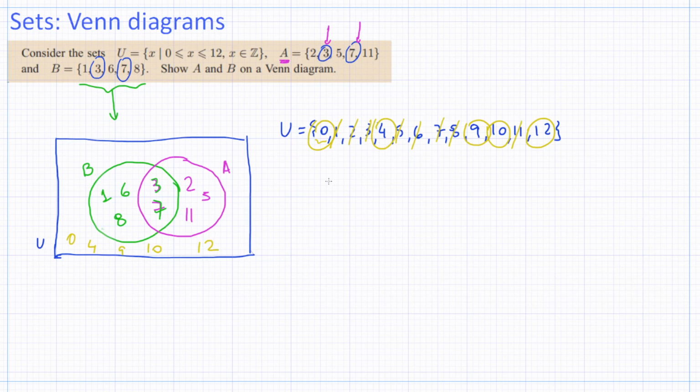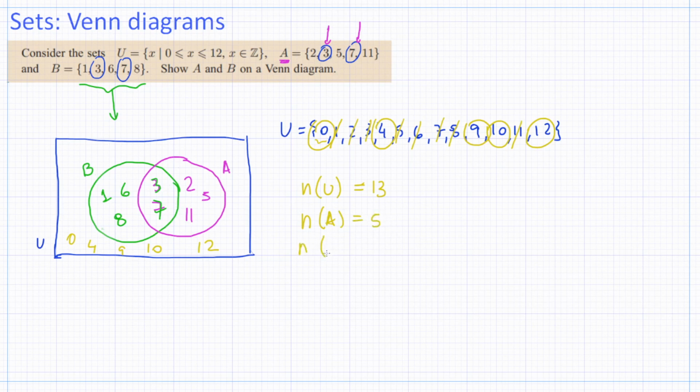Again, if we look at the number of elements, what is the number of elements in our universal set? So 3, 6, 9, well, it's 12 plus 1 because we're taking into account 0, so 13. What is the number of elements in set A? Now 1, 2, 3, 4, 5.